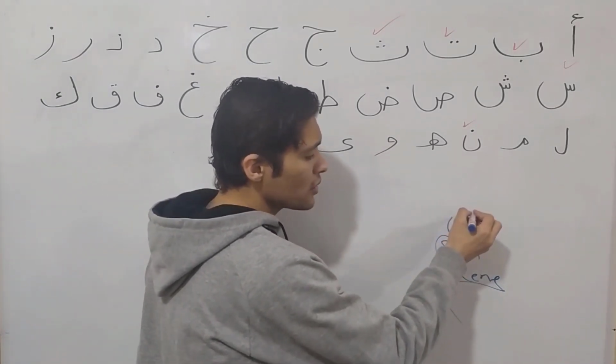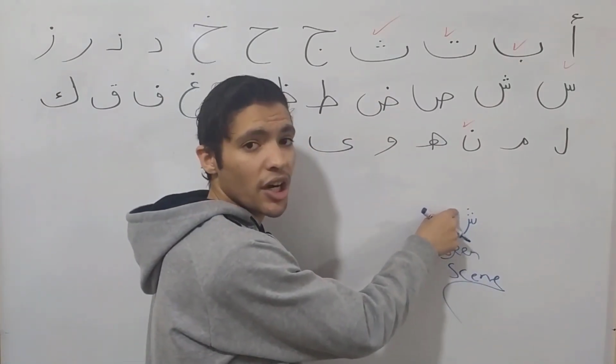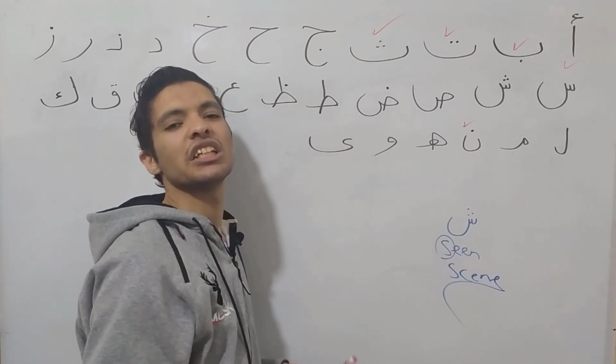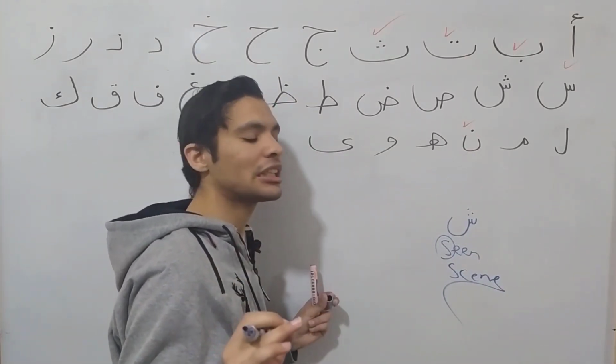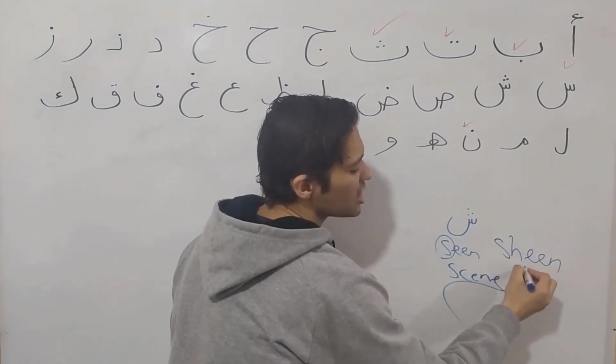If you put three dots right there on the scene, now it's another letter. It's sheen. It's kind of like this, sheen.